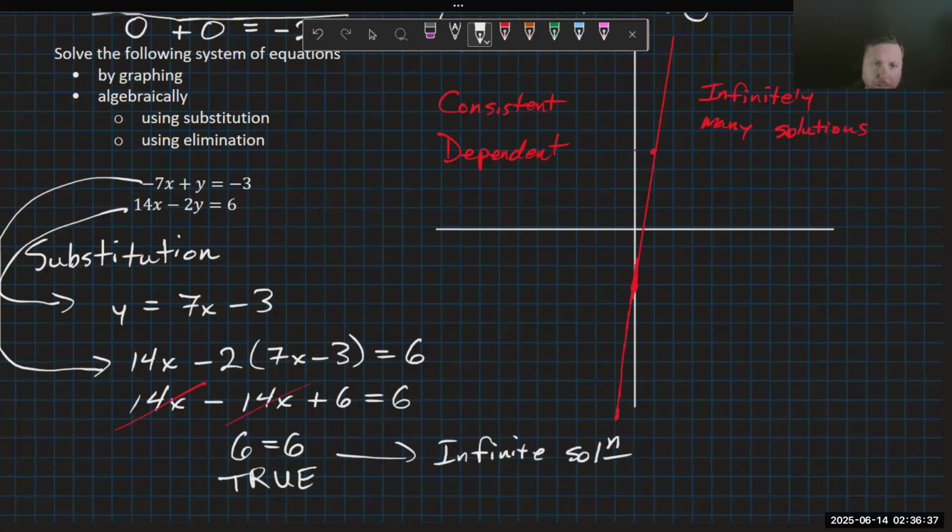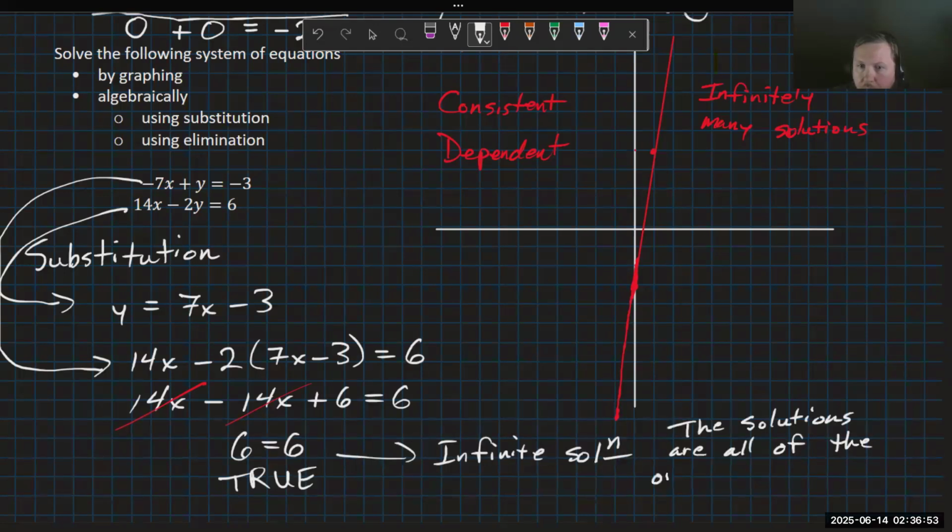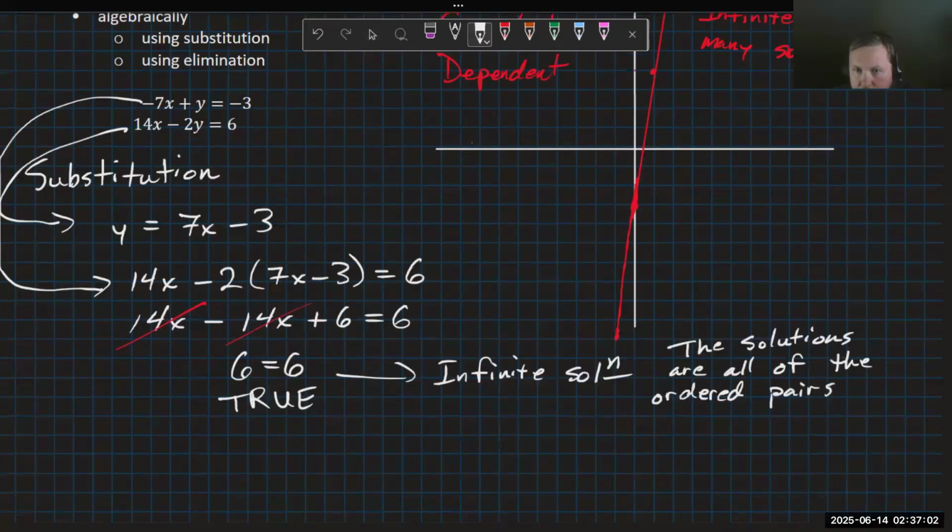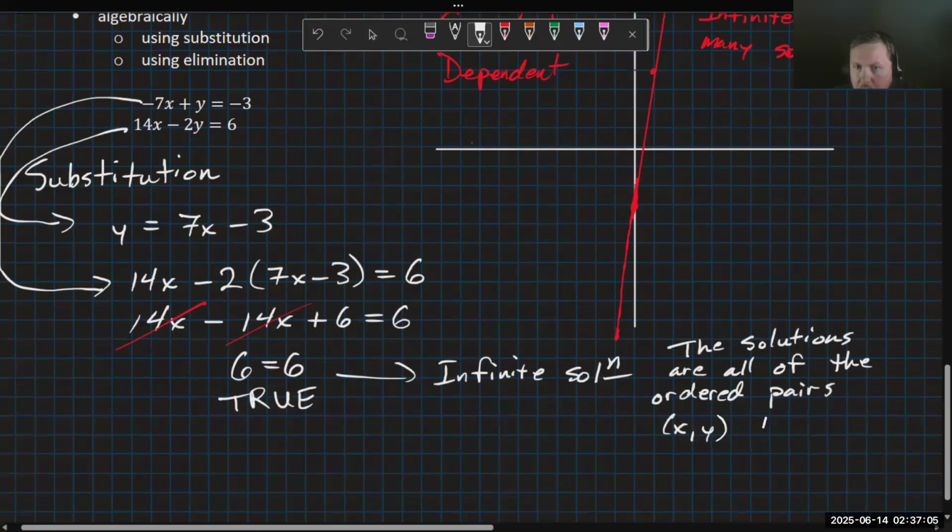And of course, the solutions are all of the ordered pairs (x, y) that satisfy, however you want to state that.